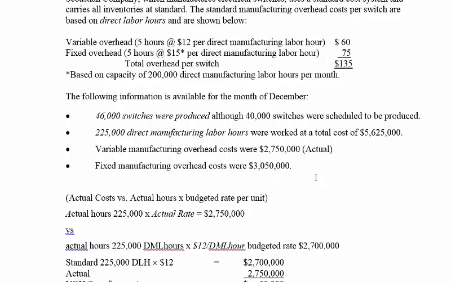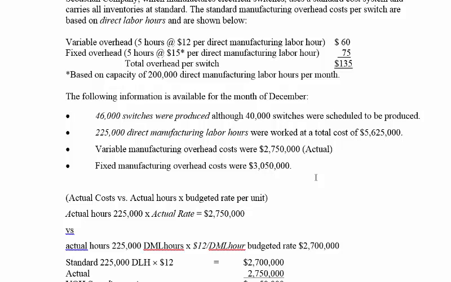And that total direct labor hours for the year is going to be based on the budgeted amount of units to be produced and sold times the standard direct labor hours allowed.